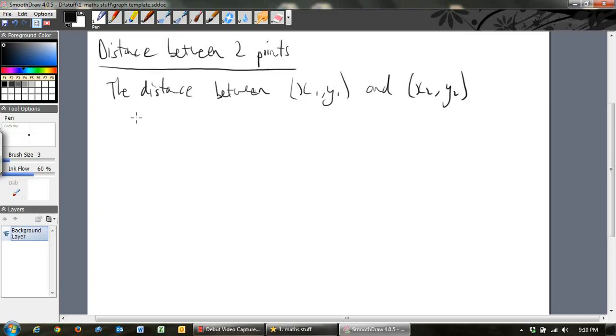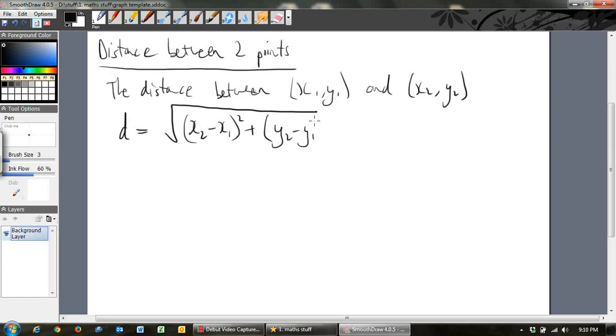If you want to know the distance between those 2 points, the distance will be equal to the square root of x2 minus x1 squared, plus y2 minus y1 squared. So we've got that. That's the distance between them.